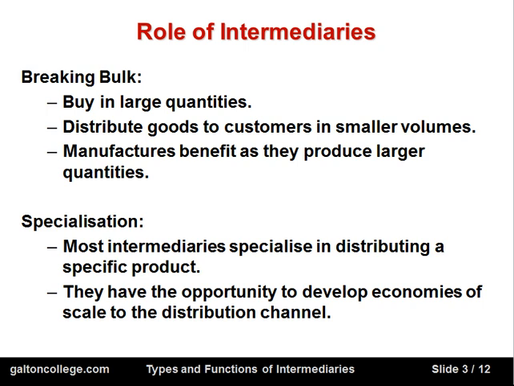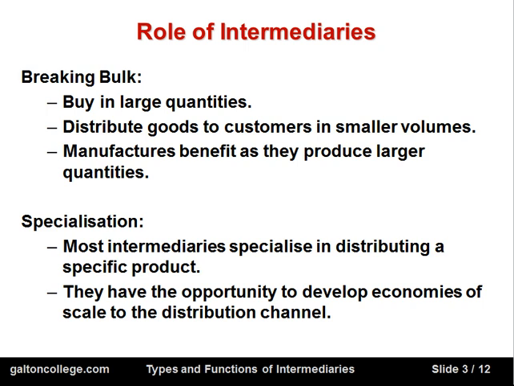In terms of specialization, well, most intermediaries specialize in distributing a specific product. They have the opportunity to develop economies of scale in the distribution channel. So intermediaries tend to specialize in specific products, which means they have expert knowledge of that market.